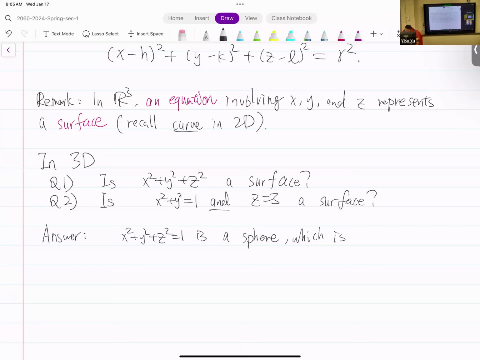Which is a surface described in one equation.